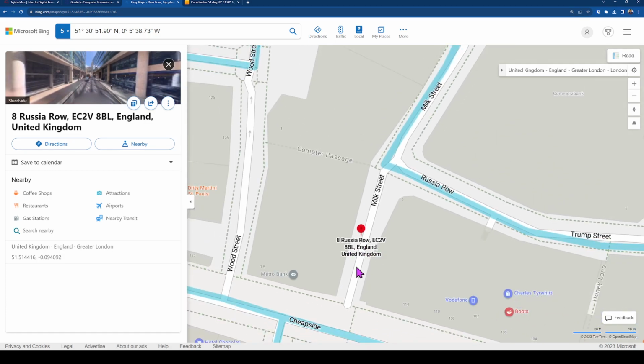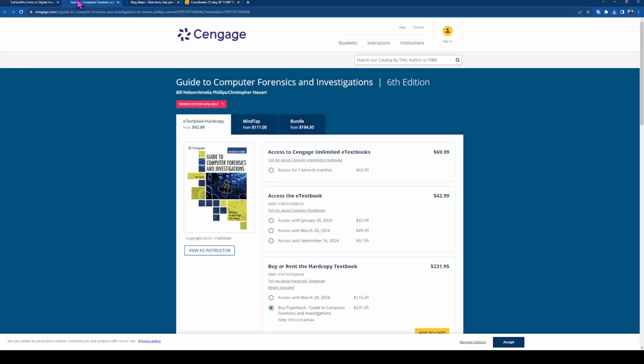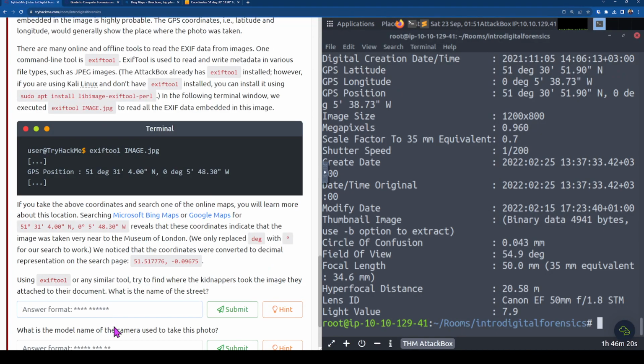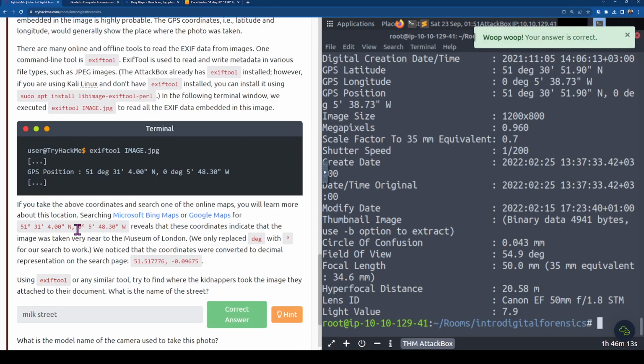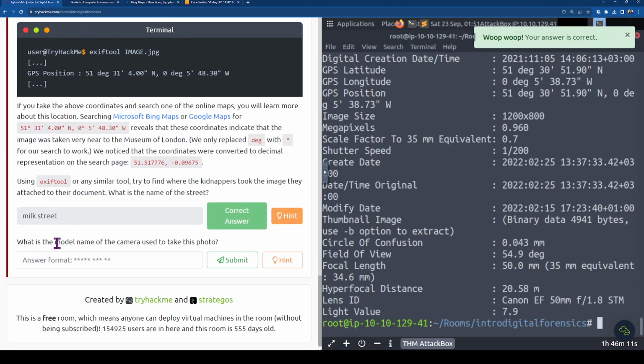Because it's saying that this is exactly where we are. So let's go ahead and put in Milk Street. Hooray, we got it.